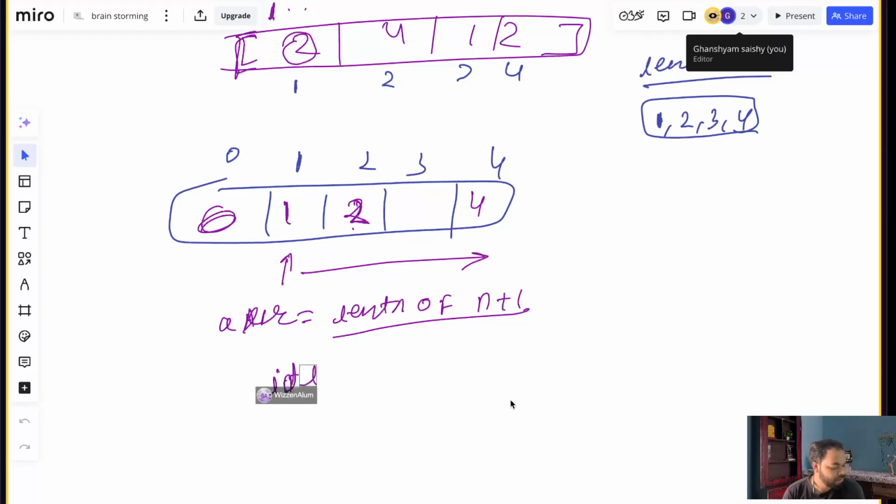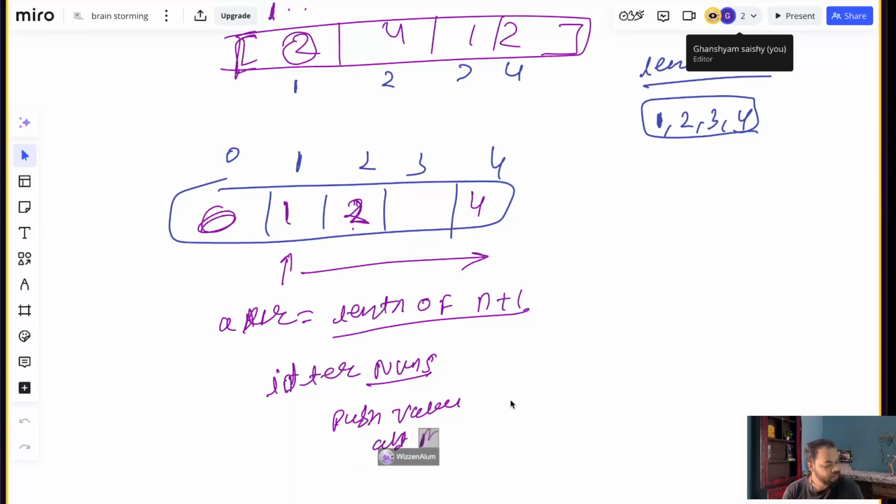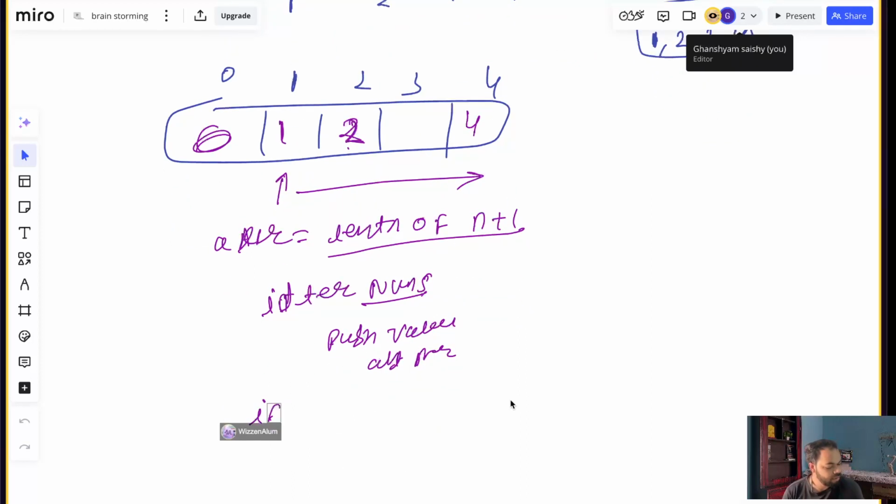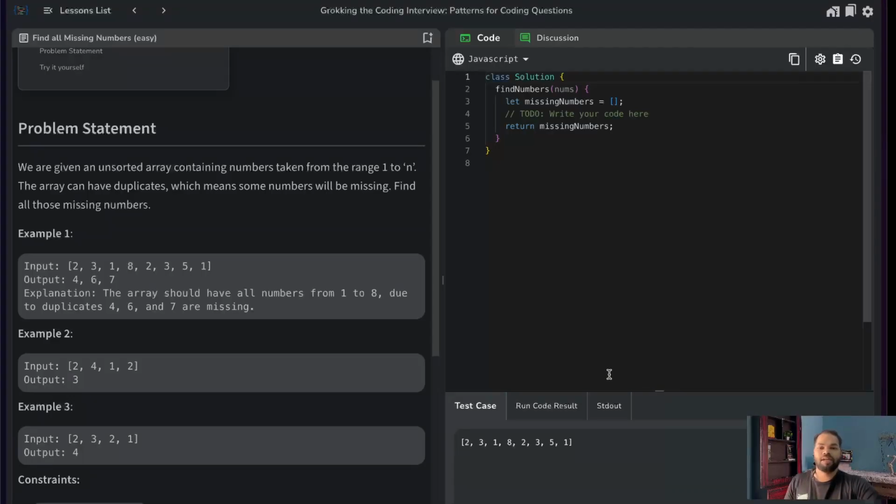Iterate on nums that is given to us, push values into the new array, then again iterate on the new array and look for missing numbers. That's what we're gonna do here. So I'm pausing the video for a second and then I'll start implementing it.